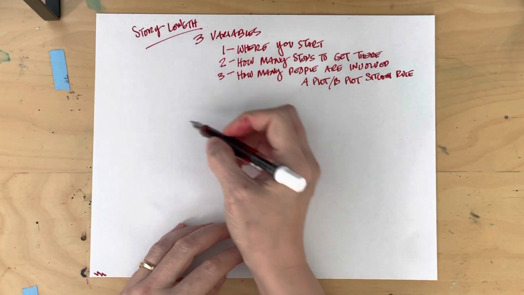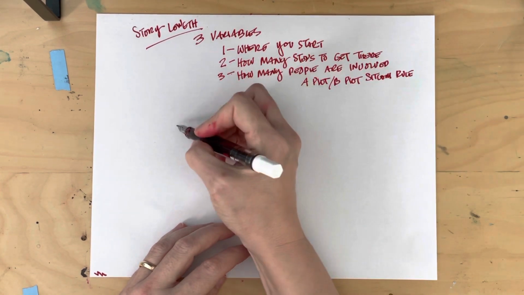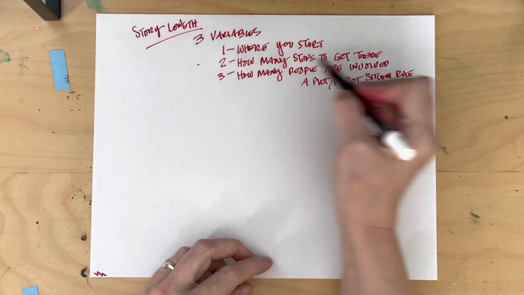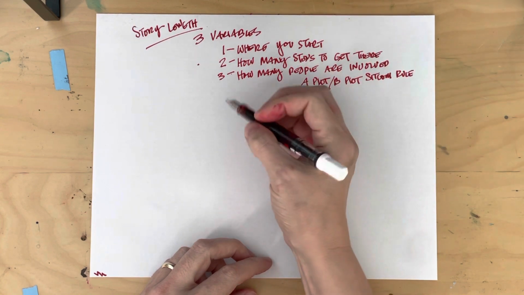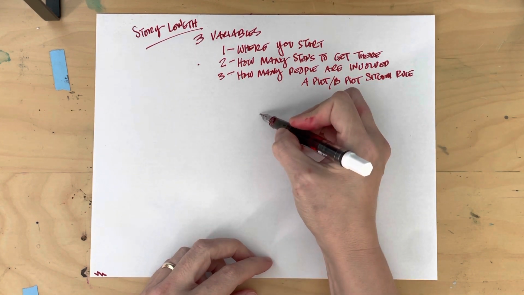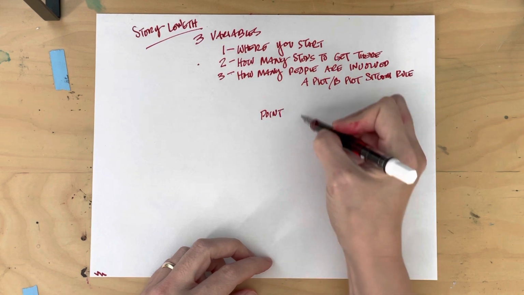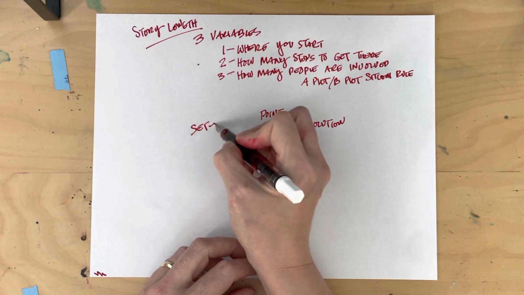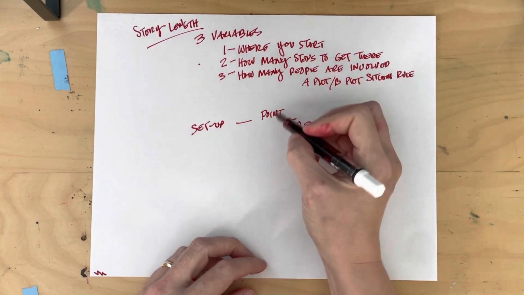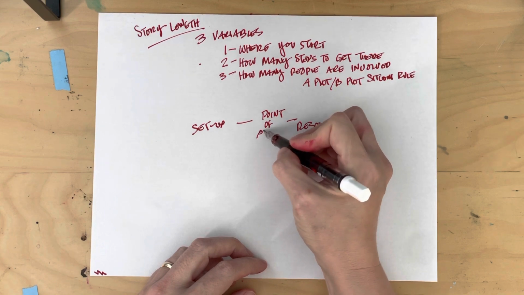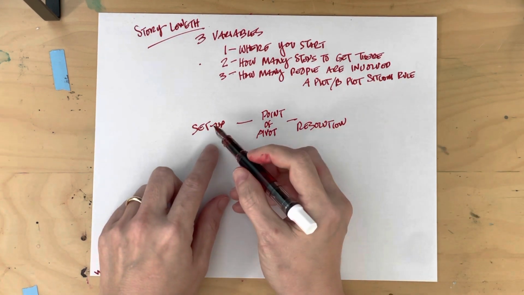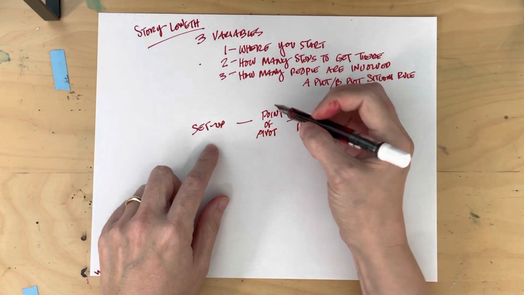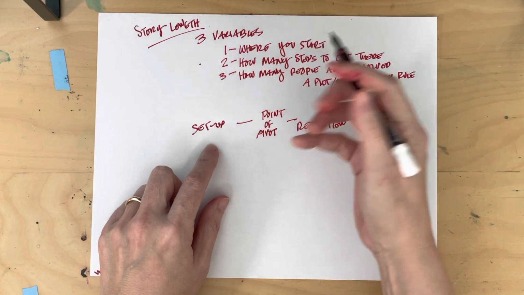what you want in a story and its length is, if you want a short story, then you want to start, well, let's start with number 2. You want very few steps to get to the climax or the point of epiphany, resolution, setup. Okay, so we'll call that a point of pivot. All right, so you want as few steps to get from the point of the conflict or the climax.